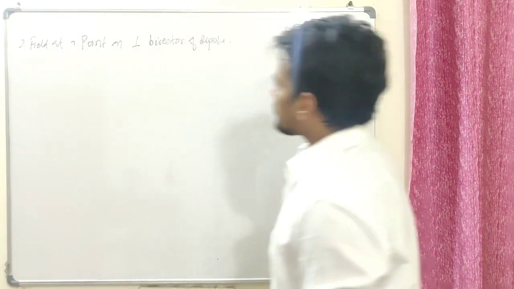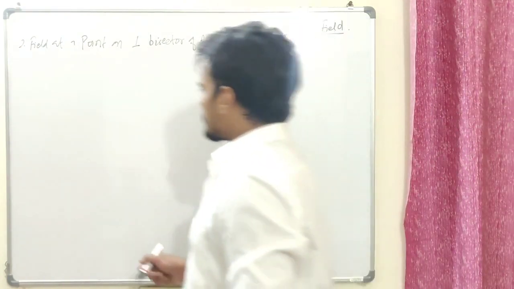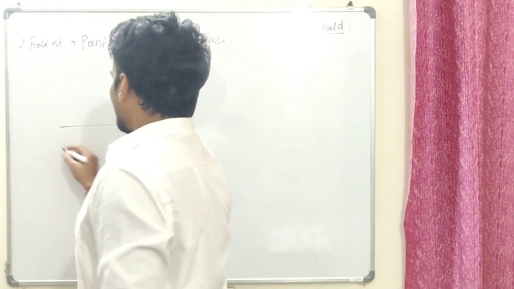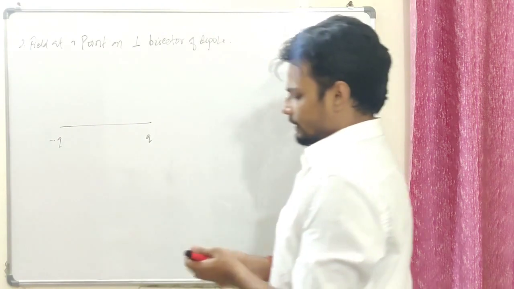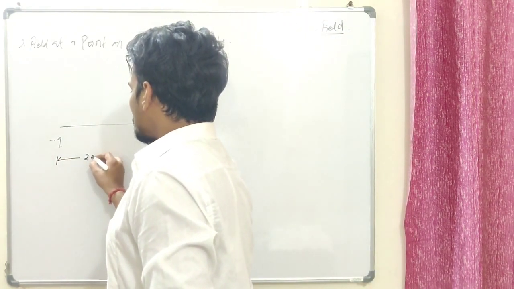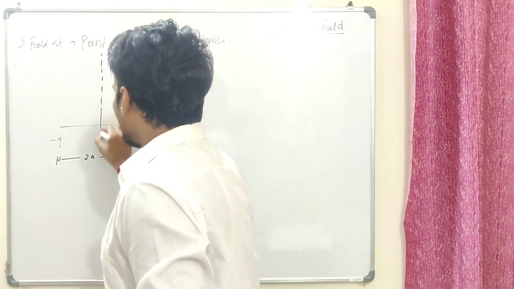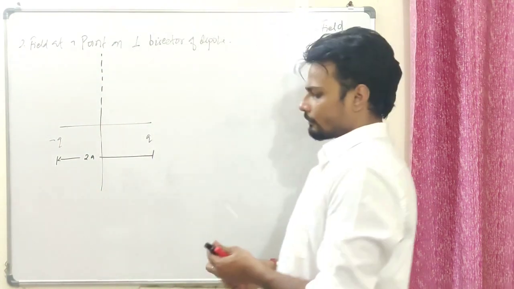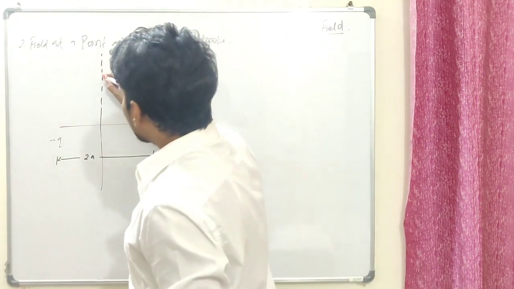Okay, now the second point is the field at a point on the perpendicular bisector of a dipole. Okay guys, let's have a dipole over here, a negative charge and a positive charge. Let's assume that the distance between these two charges is 2 times A, that's 2A. Okay, let's have this perpendicular bisector. Let us try to figure out the field at, let's say, point P over here.